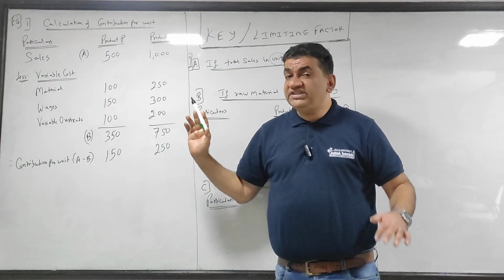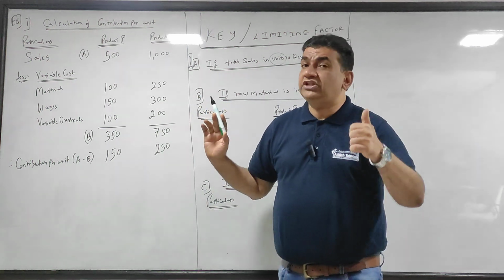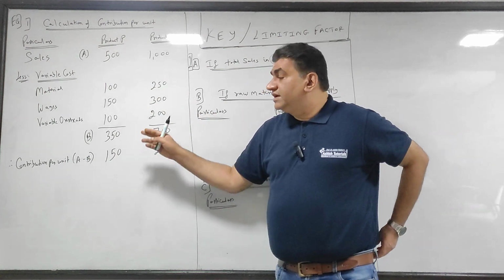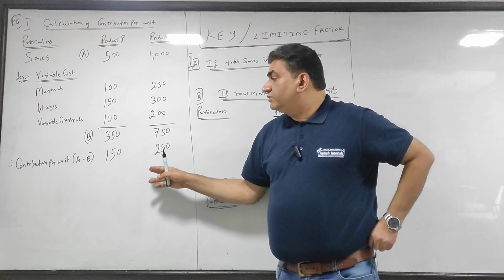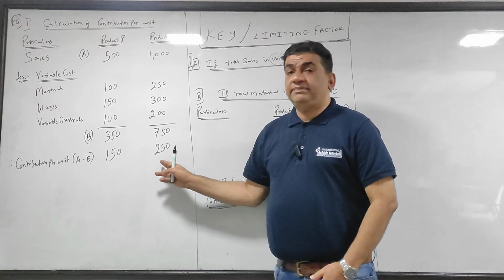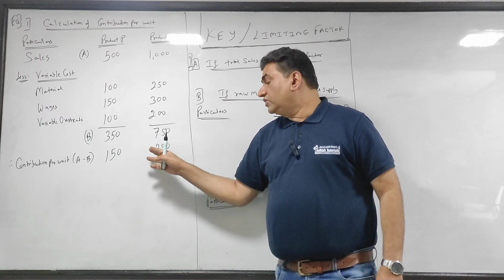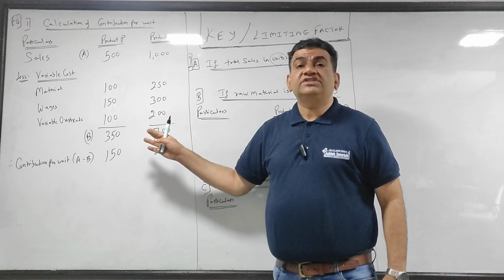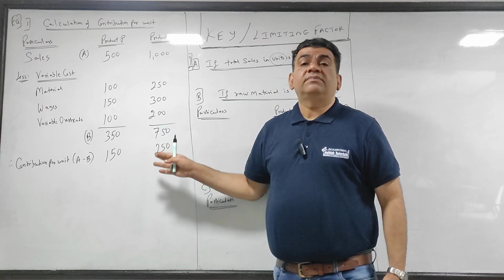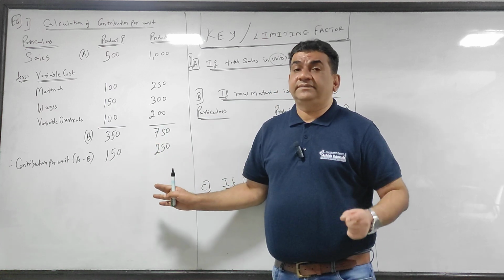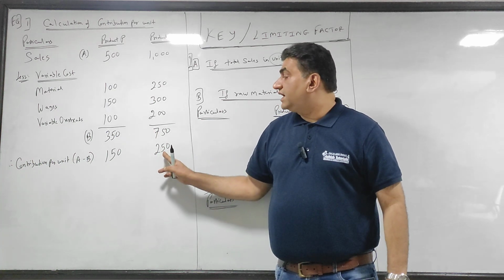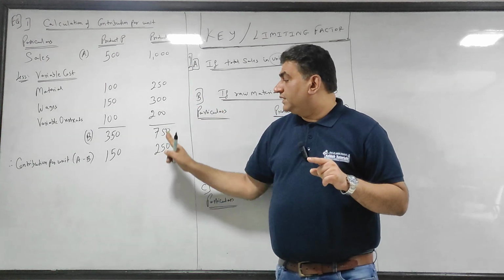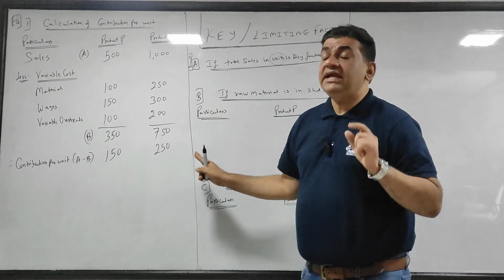So when sales in unit is the key factor or the limiting factor, that product which has a higher contribution per unit will be preferred. इसका contribution per unit ज़्यादा है. 250 is the per unit contribution of product Q. Therefore, product Q will be preferred.